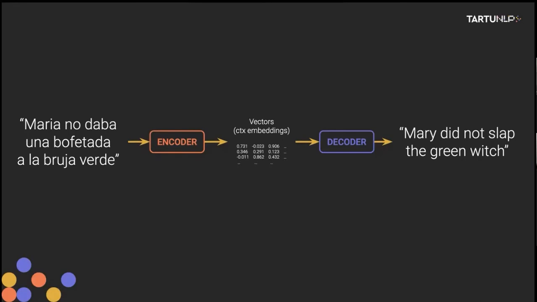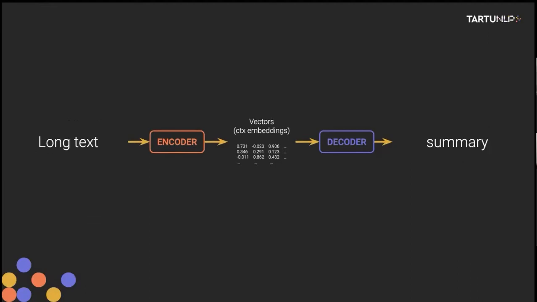As long as we train it with the right material, it can turn any sequence into a matrix of vectors and then turn those vectors into the output list. For example, we can feed it long English texts into the encoder and then train it to produce a shorter summary of those texts.